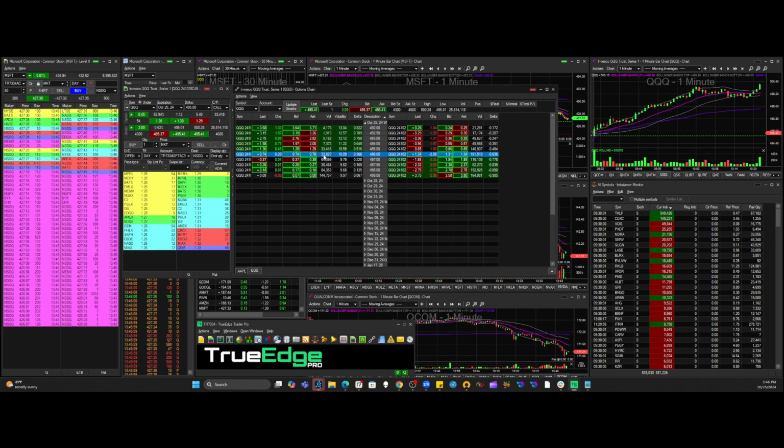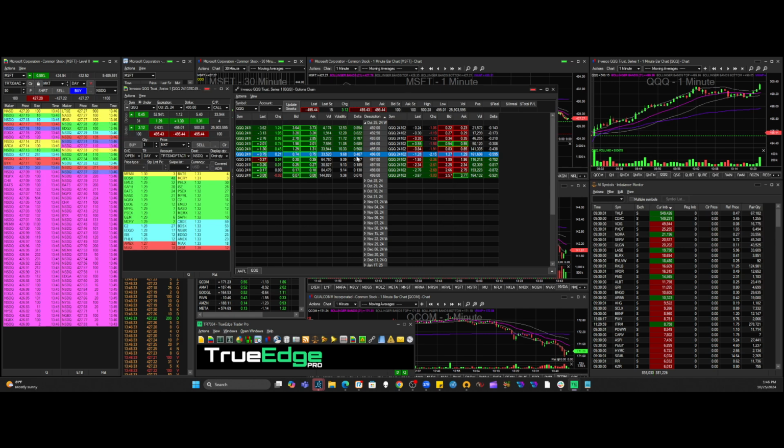And it's going to have to move substantially in my direction to overcome the cost. So if I'm paying 74 cents per option for these 496 calls that I have highlighted, there's my ask price right there. If I'm paying 72 cents per share, which is $72 per option, then I would need the QQQ ETF to move up far enough to exceed the amount that I just paid for it, if I end up having to hold that trade for the rest of the day.